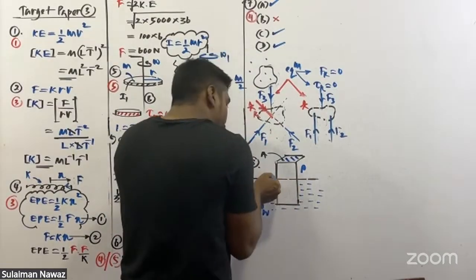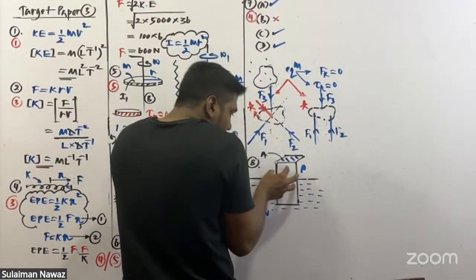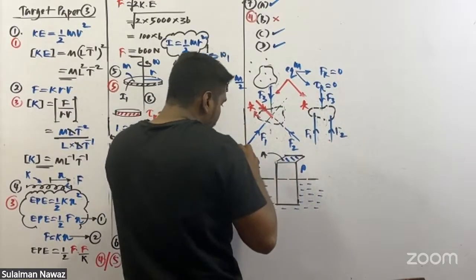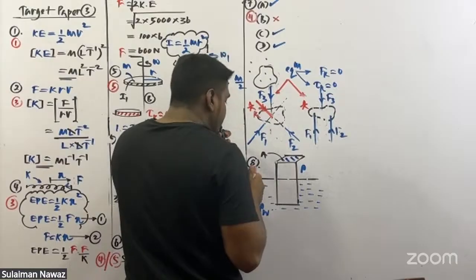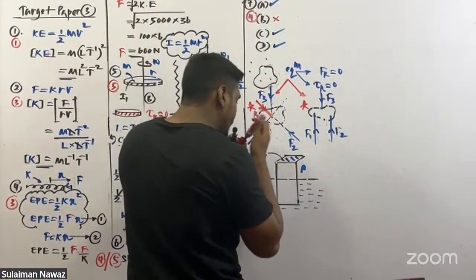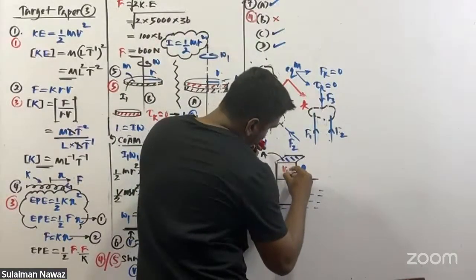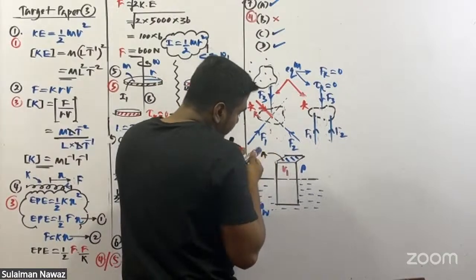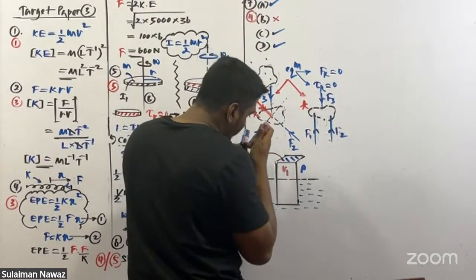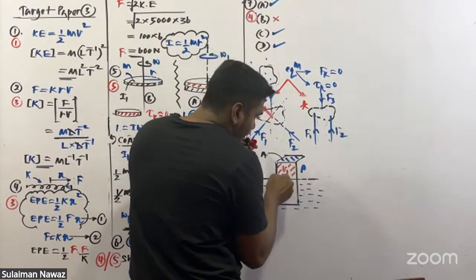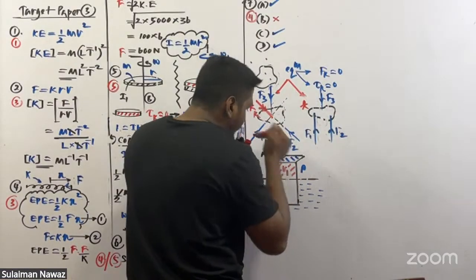Let's say the volume of the ice cube above the seawater level is capital V1. This volume is V1.